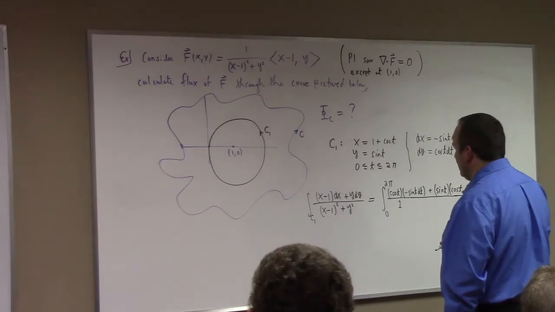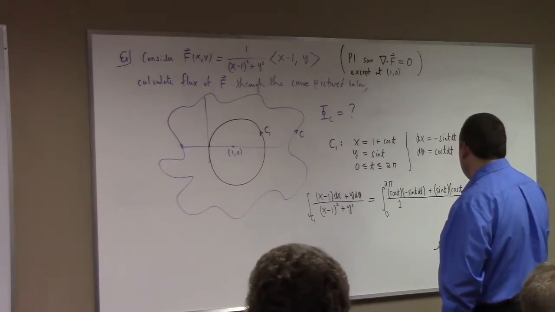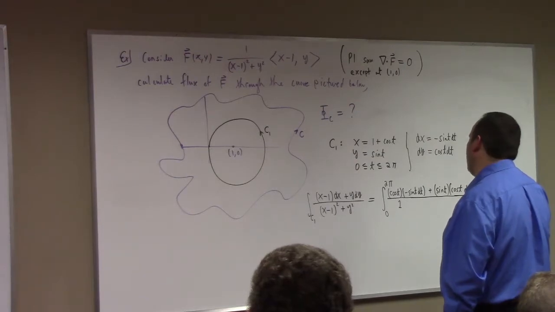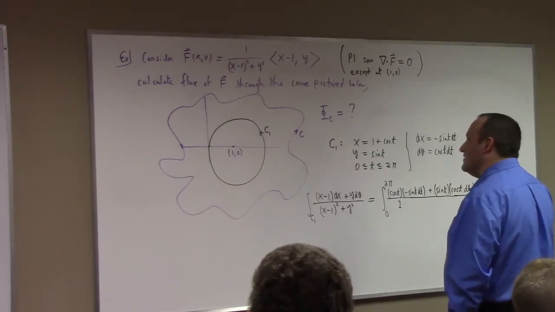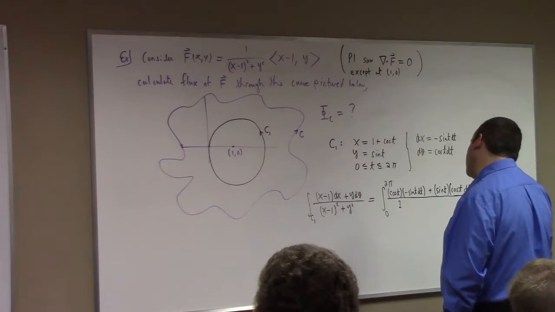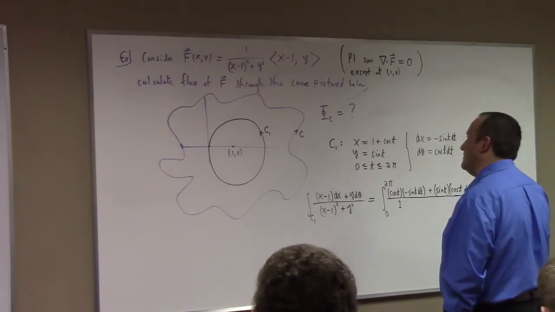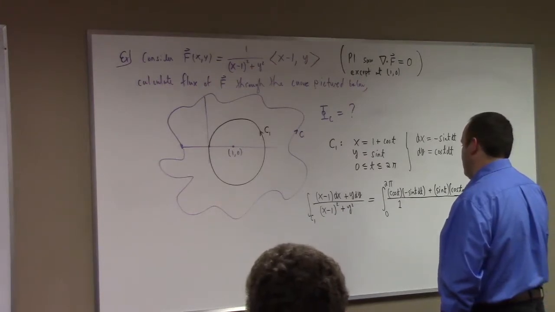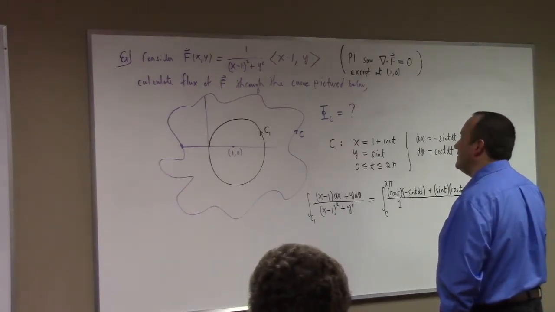Let's bring it here. Cosine t. Is that right? Oh, man. Oh, stink. What have I done? Tell me I made a mistake here. Negative sine t dt.